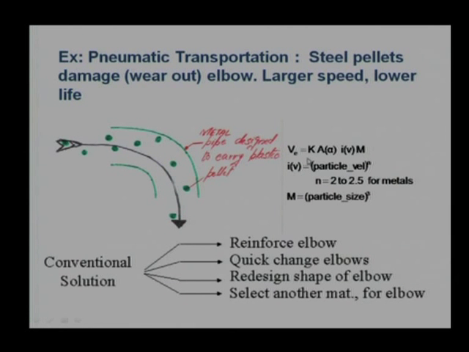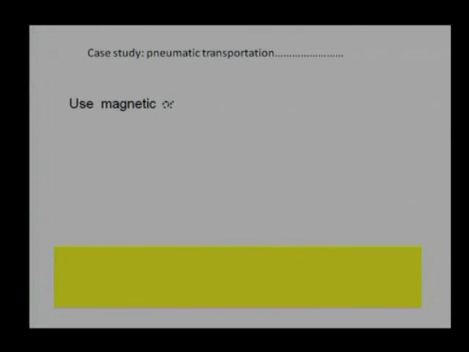That means I have to reduce the value of k. That value can be reduced by reducing the number of particles which are impacting the pipe. If I can reduce this probability from 1 to say 0.01, I may get the same result. I can get the same life of the components. So, in that case we can think from an innovation point of view.